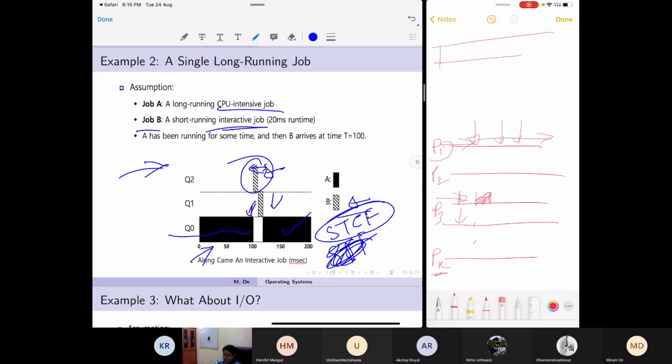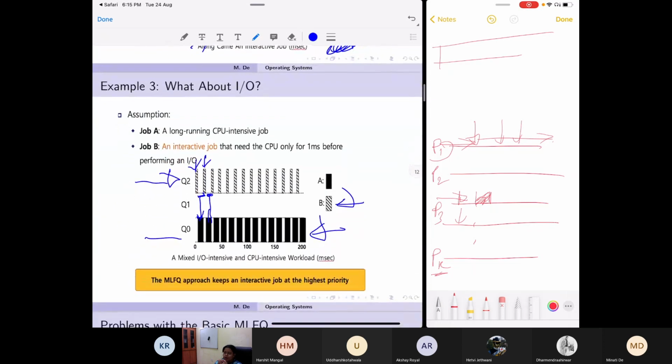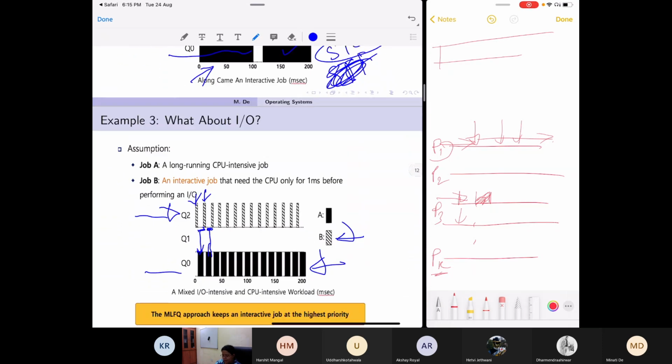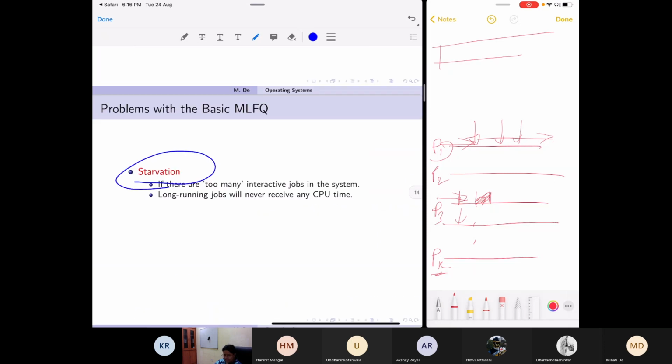But it might happen that smaller jobs keep coming on, and since this job got scheduled earlier, which came earlier, the scheduler made its priority the lowest. So it will hardly get the chance. If all the smaller jobs keep coming, there will be starvation. Can you see this? It's a big problem.